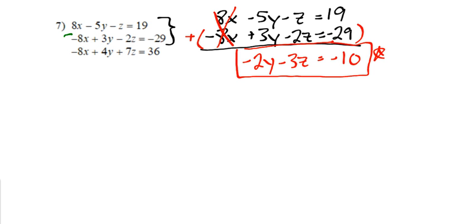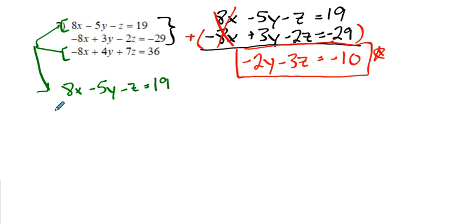And I'm going to do the same thing. You know what? I'm not going to use equations 2 and 3. I'm going to use equations 3 and 1. I'm going to bring those together down here. 8x minus 5y minus z equals 19. Negative 8x plus 4y plus 7z equals 36.